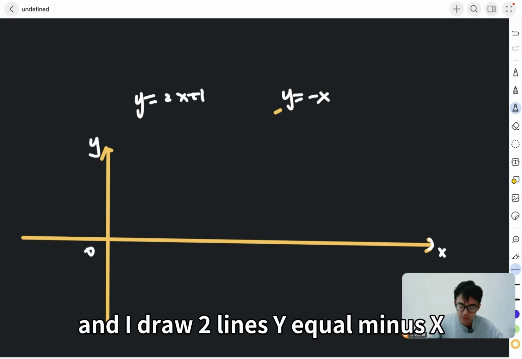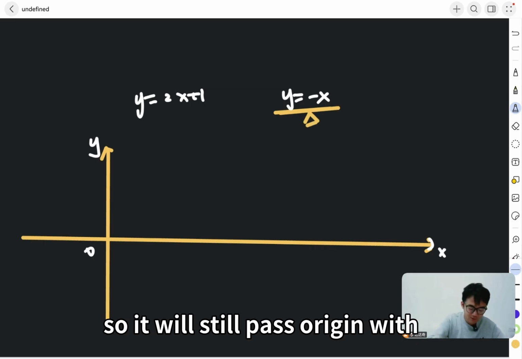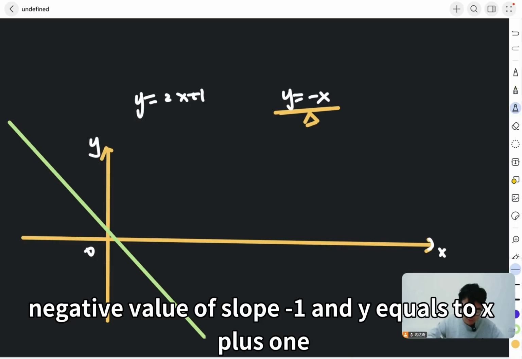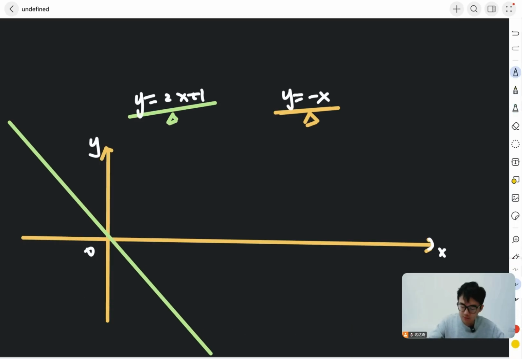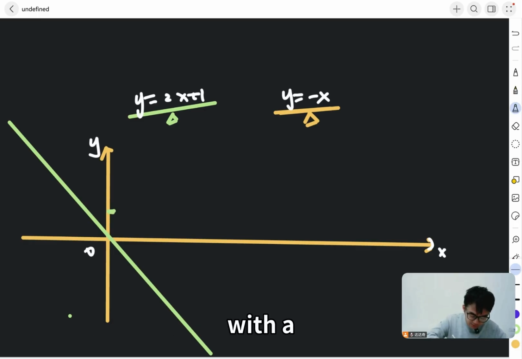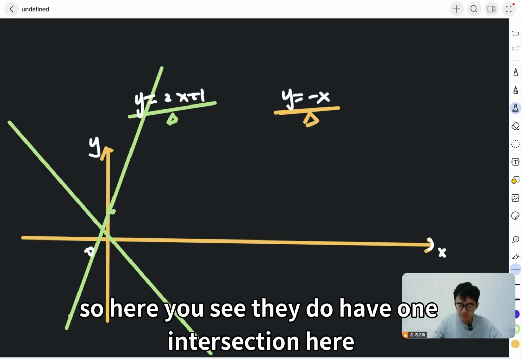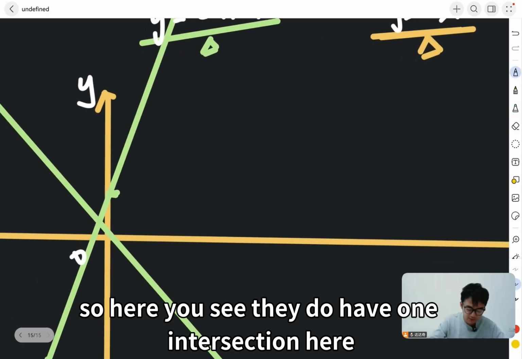And I draw two lines, y equals minus x, so it will still pass the origin with negative slope minus 1, and y equals 2x plus 1. It has a starting point 0, 1, and with a bigger angle of inclination. So here, you see they do have one intersection.